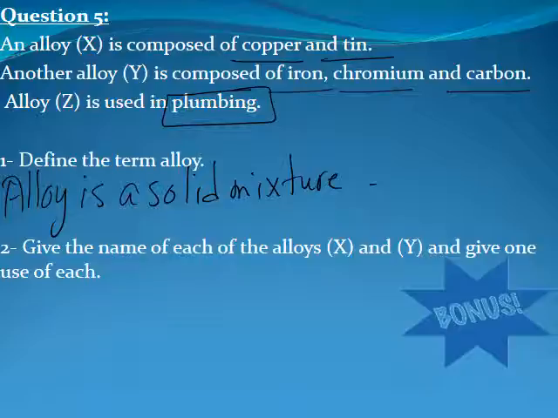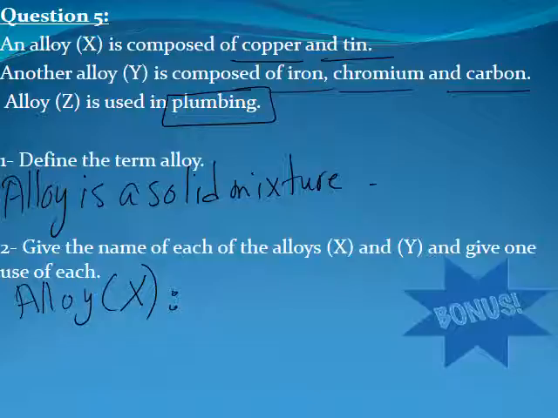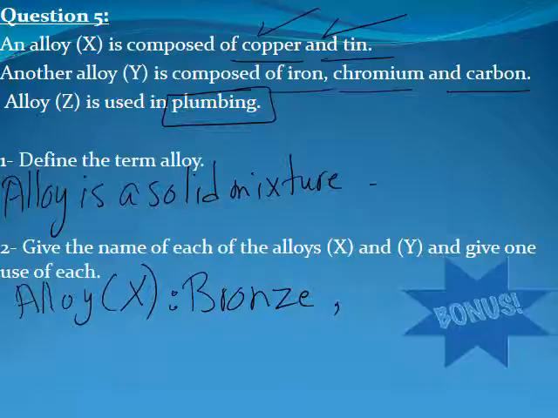Give the name of each of the alloys X and Y and give one of the uses. Let's start with alloy X. Yes, Tala. What's the name of alloy X? It's composed of copper and tin. It's bronze. Uses? It's used in statues.